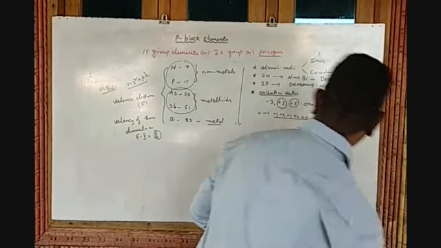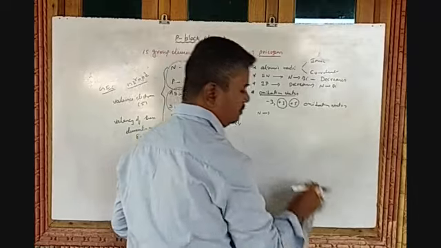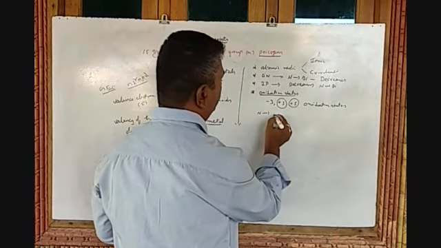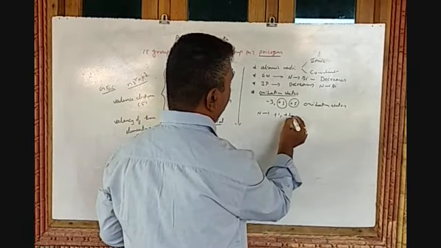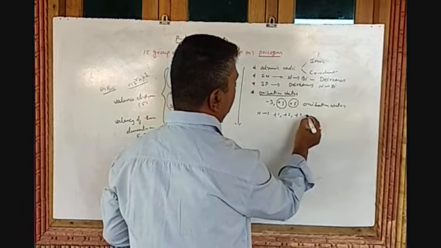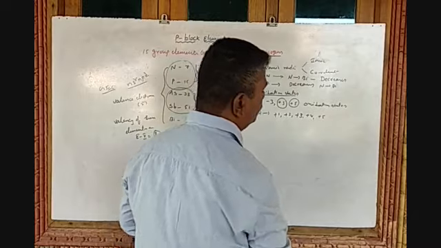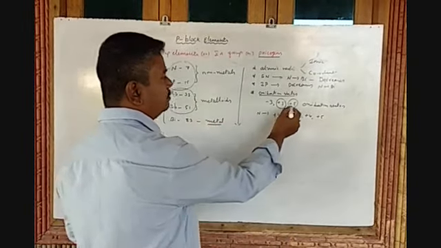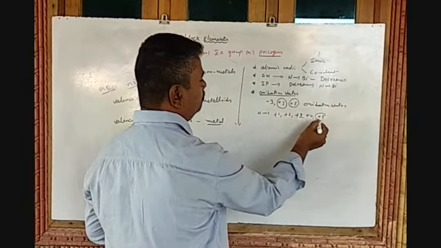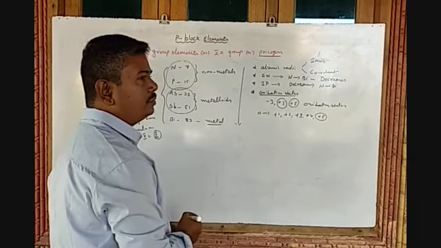For visibility and clarity, I am writing in big letters: +1, +2, +3, +4, +5. Generally, the maximum oxidation state is +5.